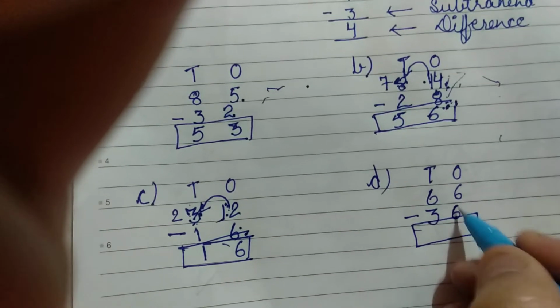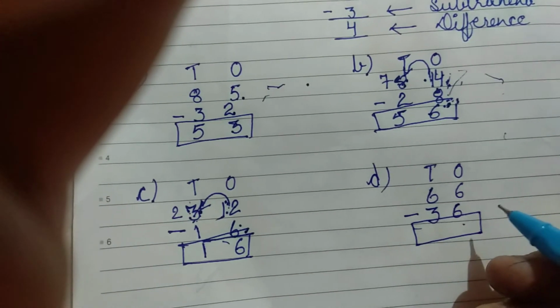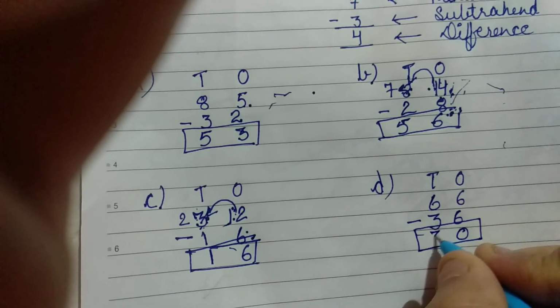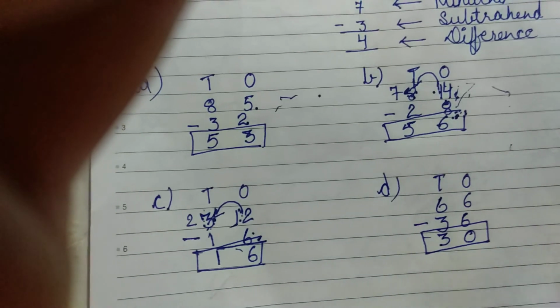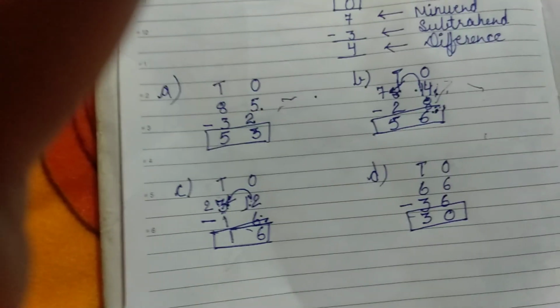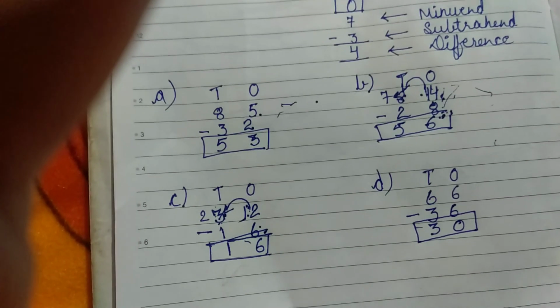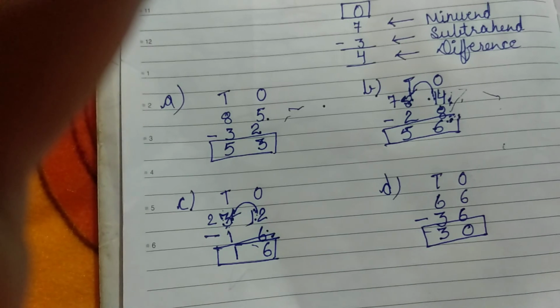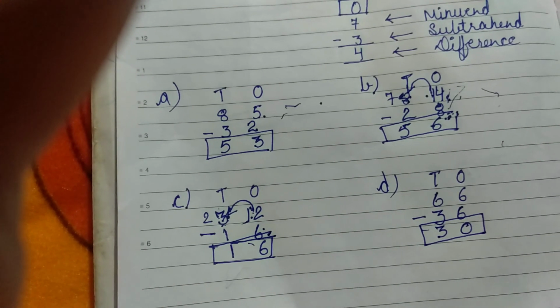Children, 6 minus 6, 0. Very good. And 6 minus 3, 3. So children, these are the 4 sums that we have done as a classwork. This much you will do as a classwork in your notebook.